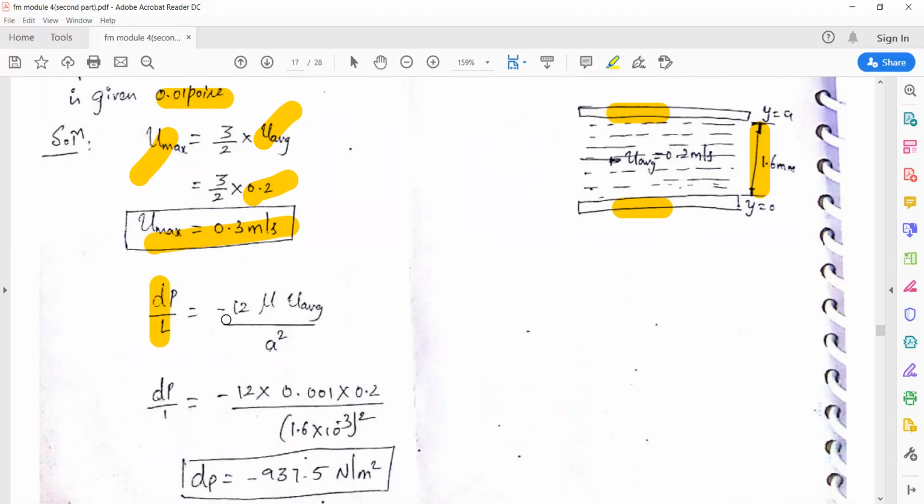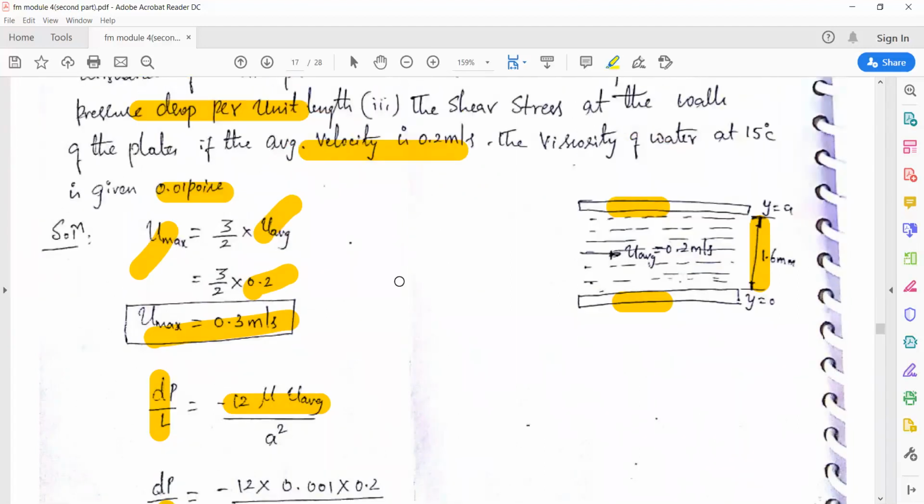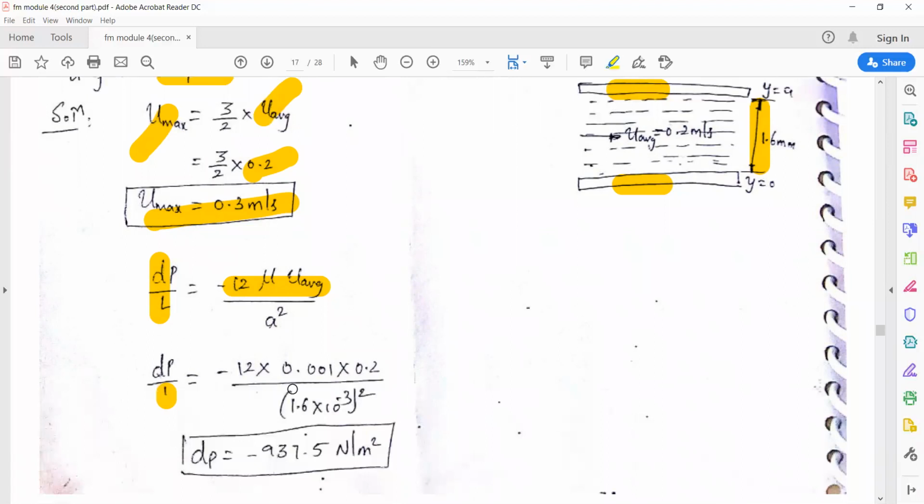So dp by dx or dp by L they have considered. The dp by dx formula we have, right, for parallel plates, that is minus 12 mu u bar, or u average, divided by a square, right? And dp by L they have taken as 1 because per unit length they are considered. So minus 12 into mu value they have given, the dynamic viscosity 0.01 divided by 10. It becomes 0.001, right?